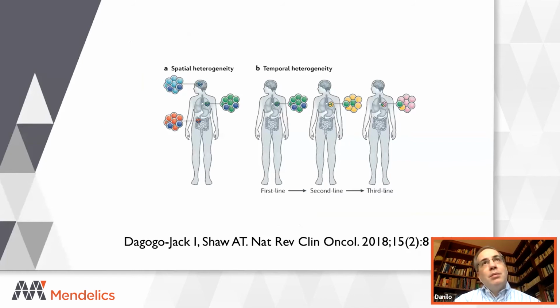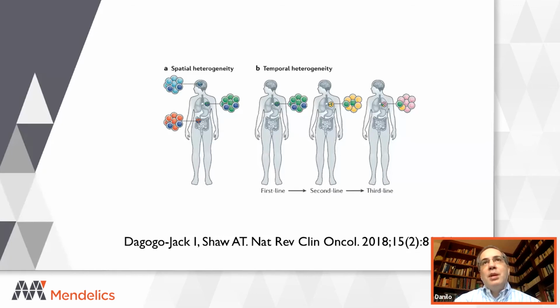The second heterogeneity that we must think about is temporal. We treat today, we make the diagnosis, we begin our treatment. This tumor has some mutations, we can find them, but as we treat, as I just showed in the case of breast cancer, this tumor may acquire new mutations.